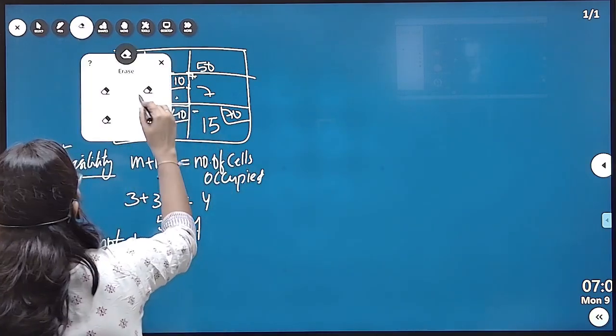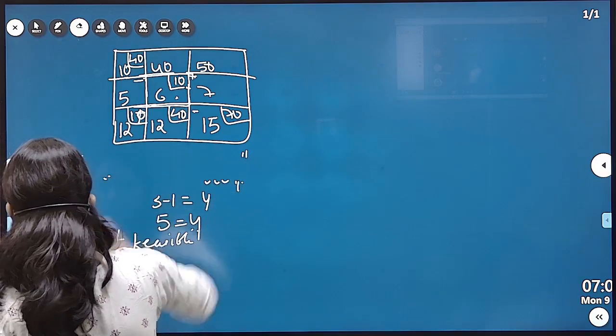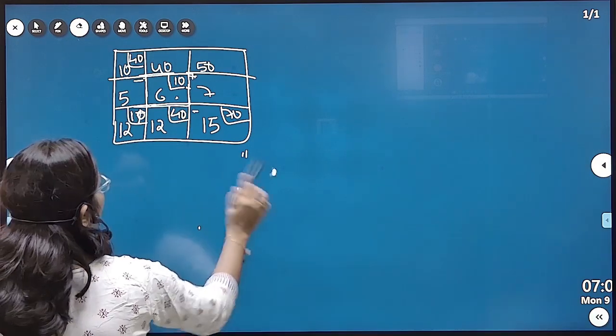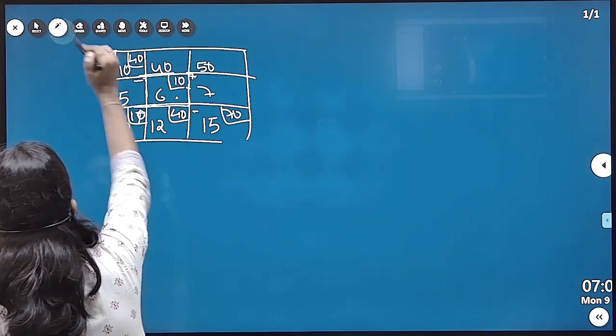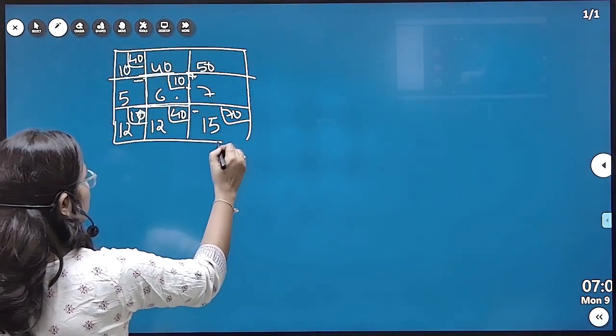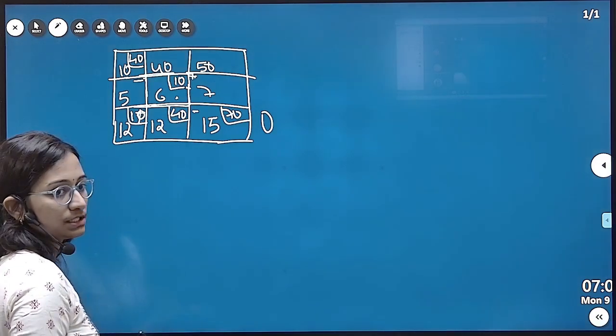Okay. Do it fast, make any column or row 0 and do that. In this row everything is occupied, so I will make this as 0.